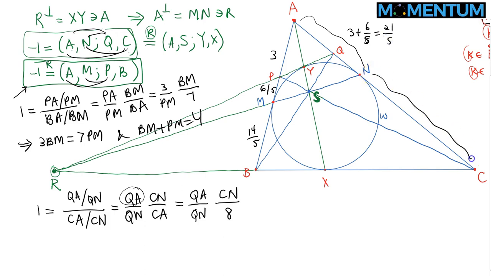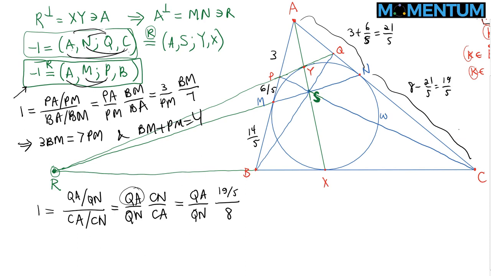So therefore, the remaining distance would be just 8 minus 21 over 5, or 40 minus 21 over 5, 19 over 5, right? So therefore, NC is 19 over 5. Let's just write it like this, 19 over 5.